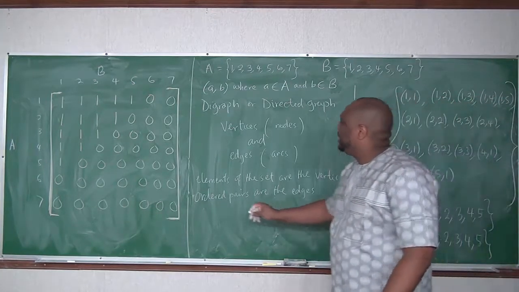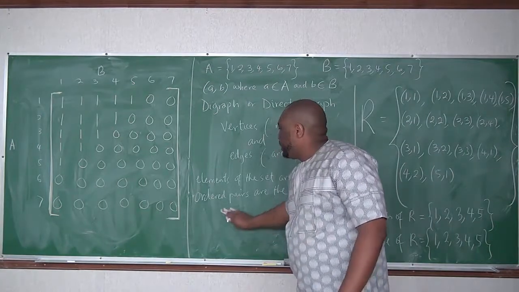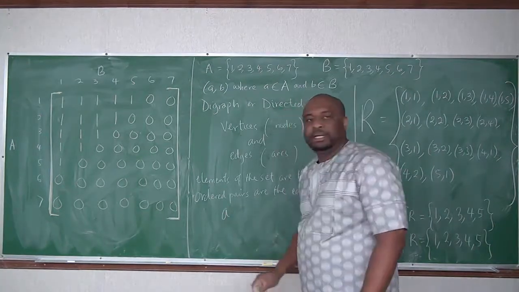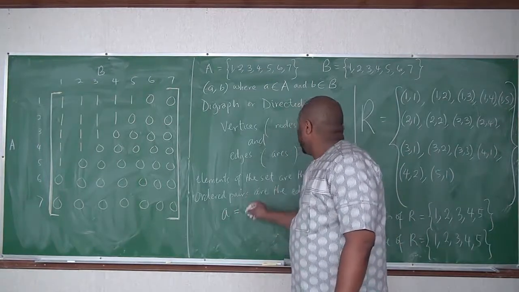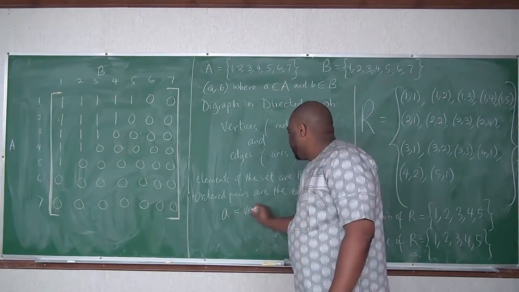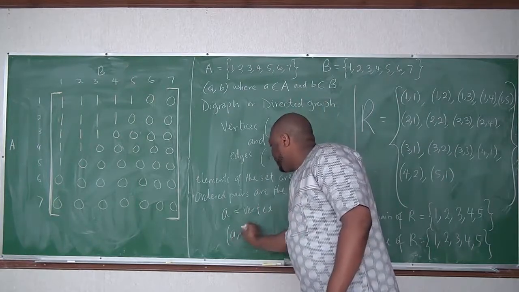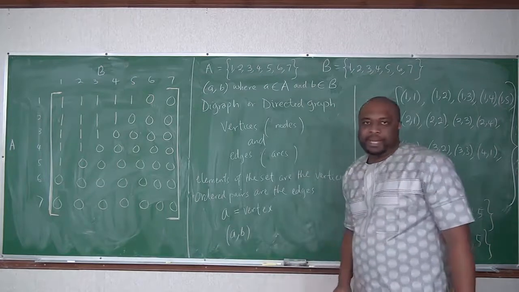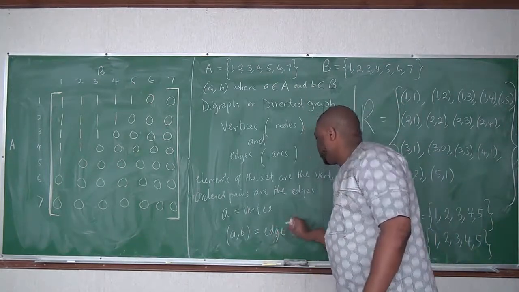So if you look at this now, something like A, you see that A is a vertex. But if you have (A, B), another pair, this is an edge.